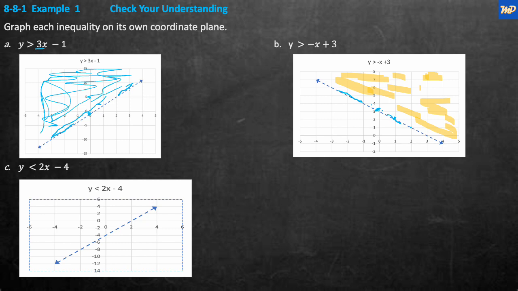Here's another one. Y is less than 2x minus 4. So again, we're going to do 2x and zero it out by putting x to 0. We have minus 4. So if I say x equal to 0, right here, I'm at minus 4 on our problem C. And 2 is the slope. So that means if I go over 1, I have to go up 2.